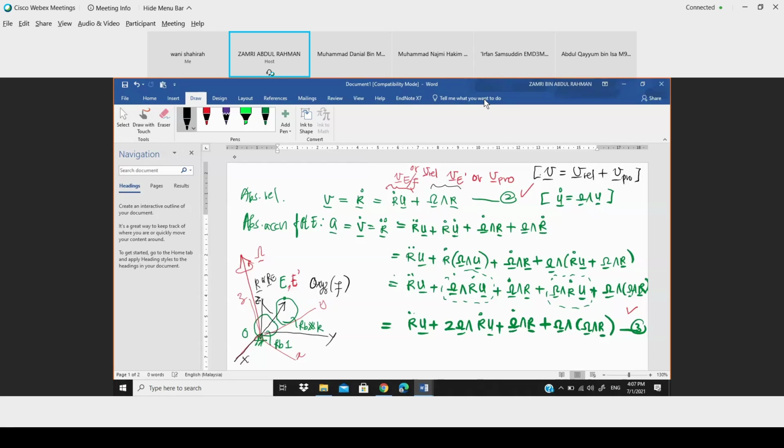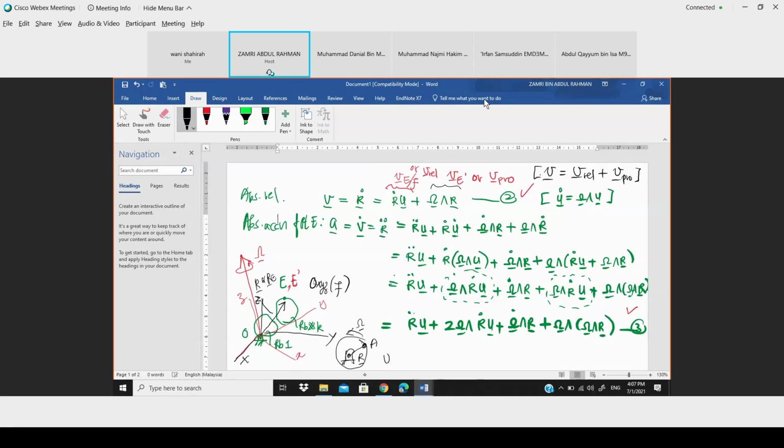If you recall, during the pure rotation of a point, let's take the 2D case. This is point A, say, and that is R. And this rotates with omega. So what is the velocity of point A?